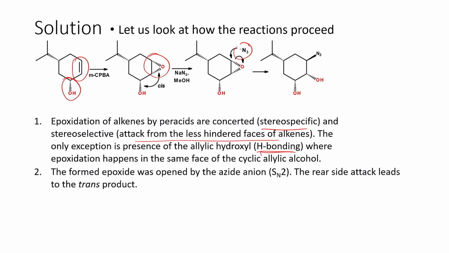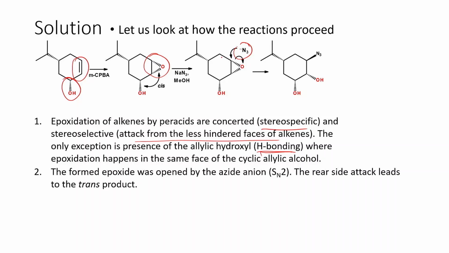Here we do not have a separate leaving group, but it is nothing but the opening up of the epoxide that is happening. So the azide will come from the opposite side of the epoxide. In other words, the azide is now going to be on the top face. The hydroxyl is now in the bottom face, because in the initial epoxide itself, the epoxide is in the bottom face only.